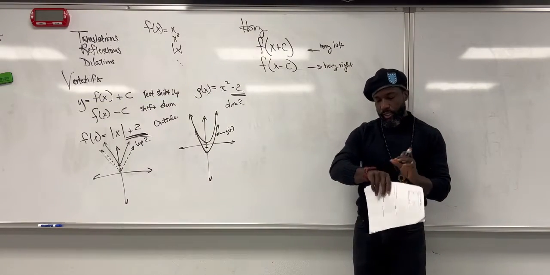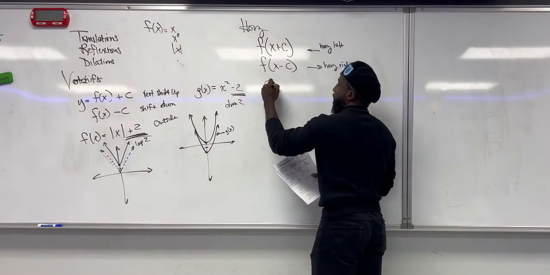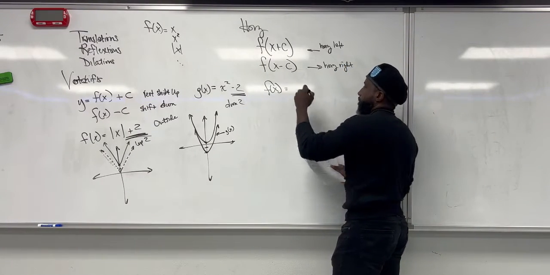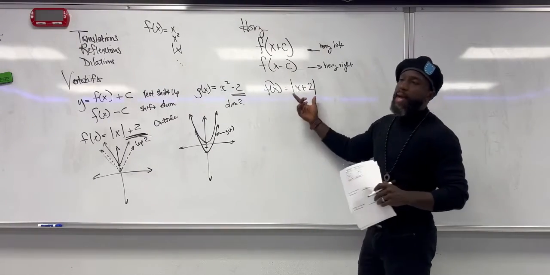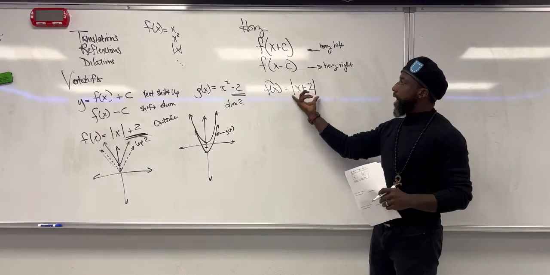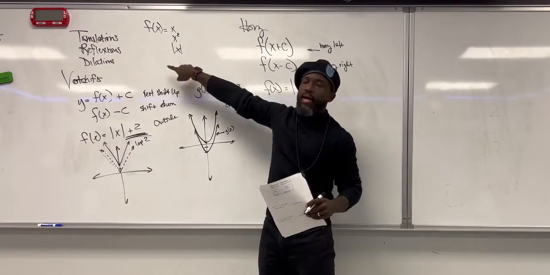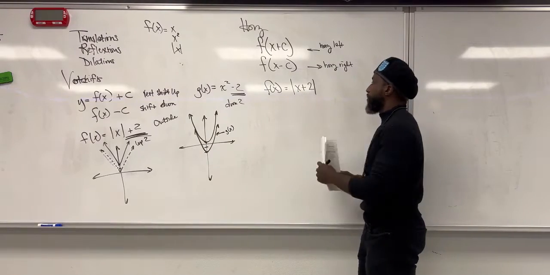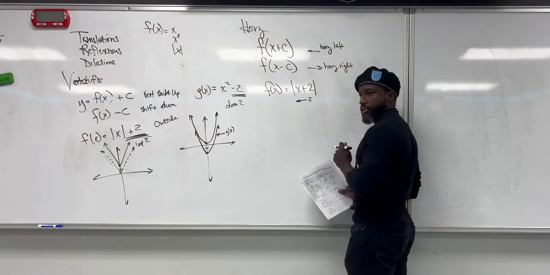So if I use this example, let's look at this example here, where we have f of x, you're going to write this underneath the box, equals the absolute value of x plus 2. The absolute value x plus 2 is inside and is connected with our functional identity, right? This is the absolute value function. That means that you're going to move to the left 2 units.